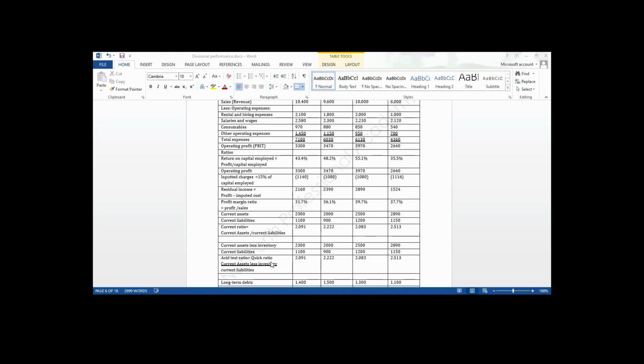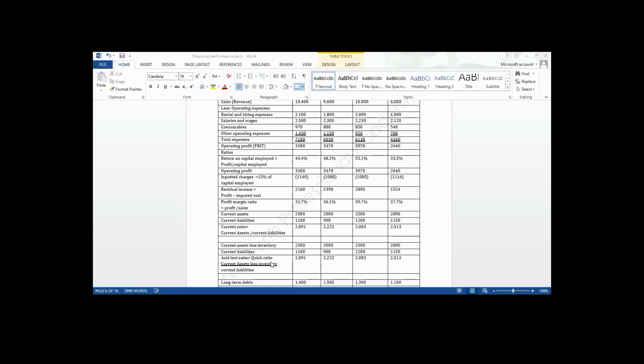Your current assets minus inventory, divided by current liability.